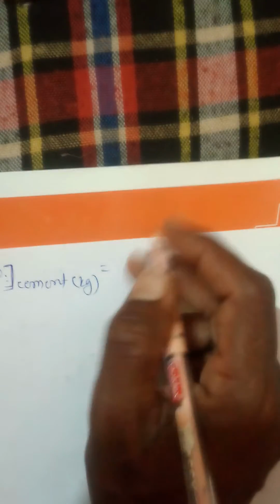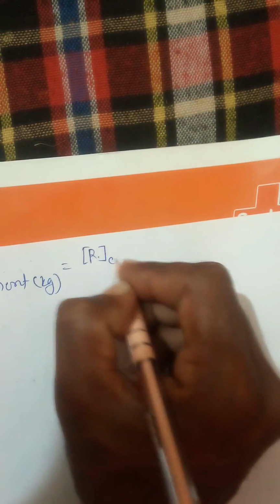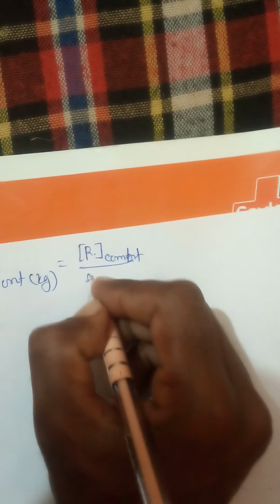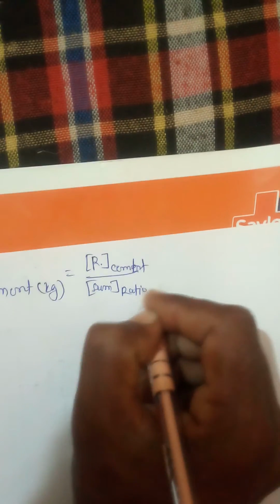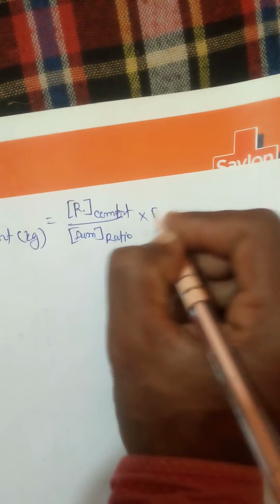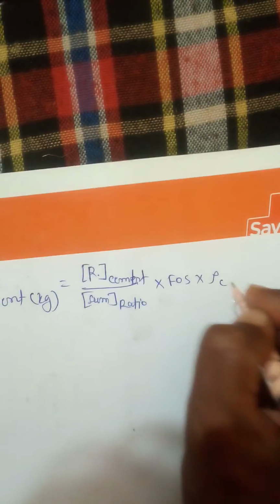The ratio of cement divided by the sum of ratio in M20 concrete, into the factor of safety, into the density of the cement.